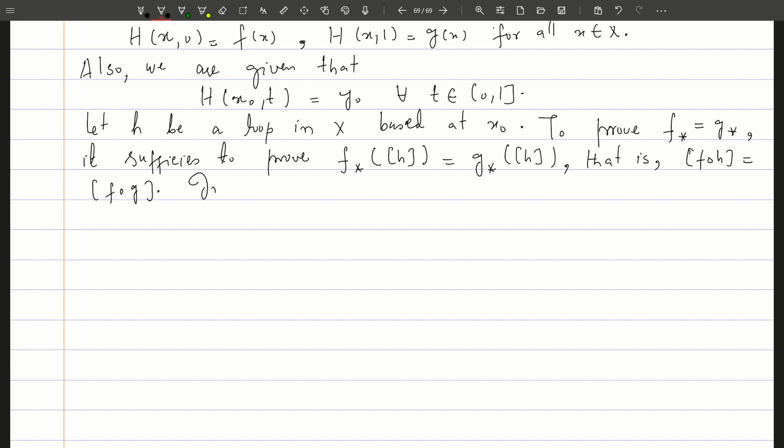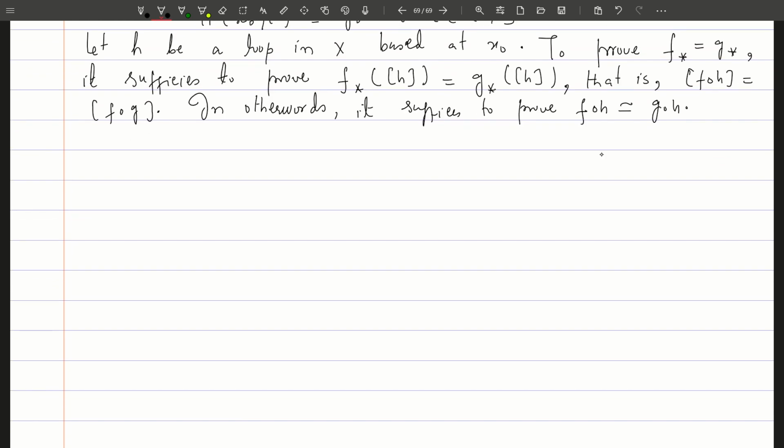So in other words, it suffices to prove f composite h is homotopic to g composite h. So this is what we have to prove.